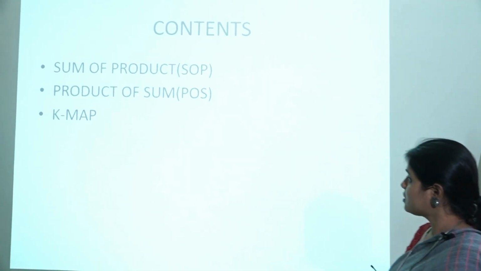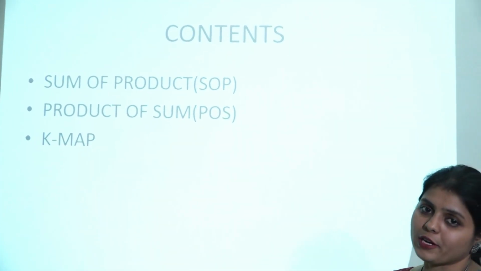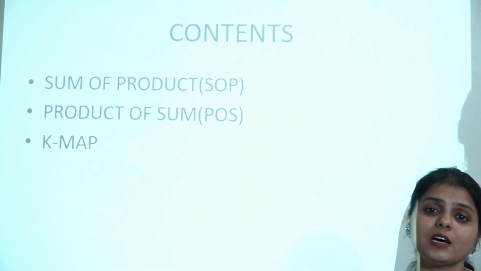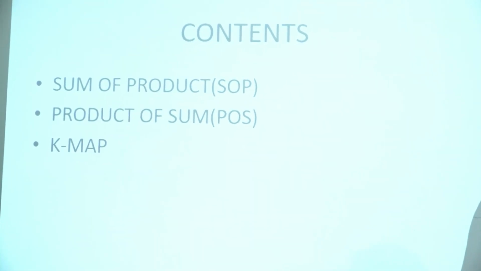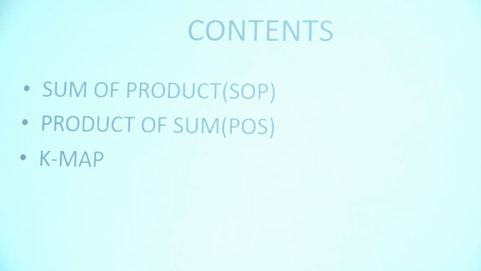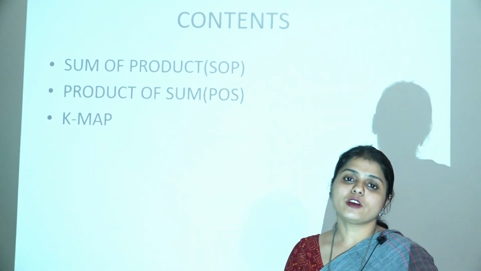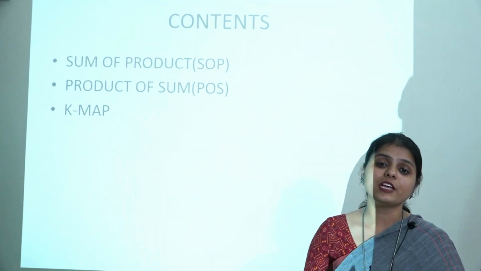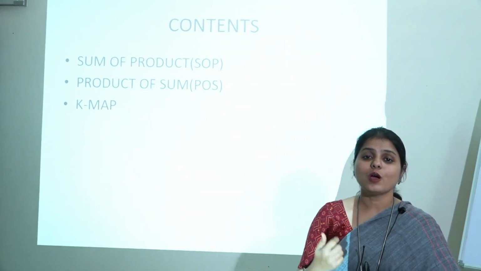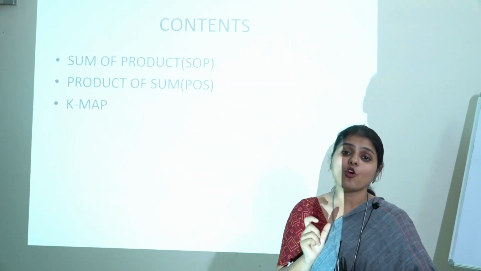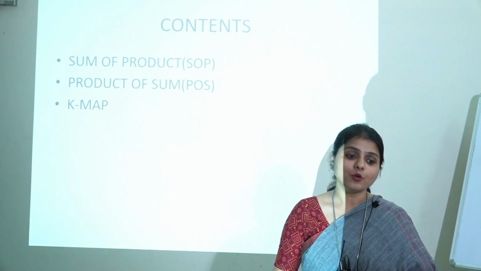Okay. So the first thing is we are going to look into sum of products. The name itself says we are adding or ORing the product terms. When we discussed Boolean algebra terminology yesterday, we looked into what a Boolean function is, right? I told you ORing or ANDing of the variables will form a Boolean function.